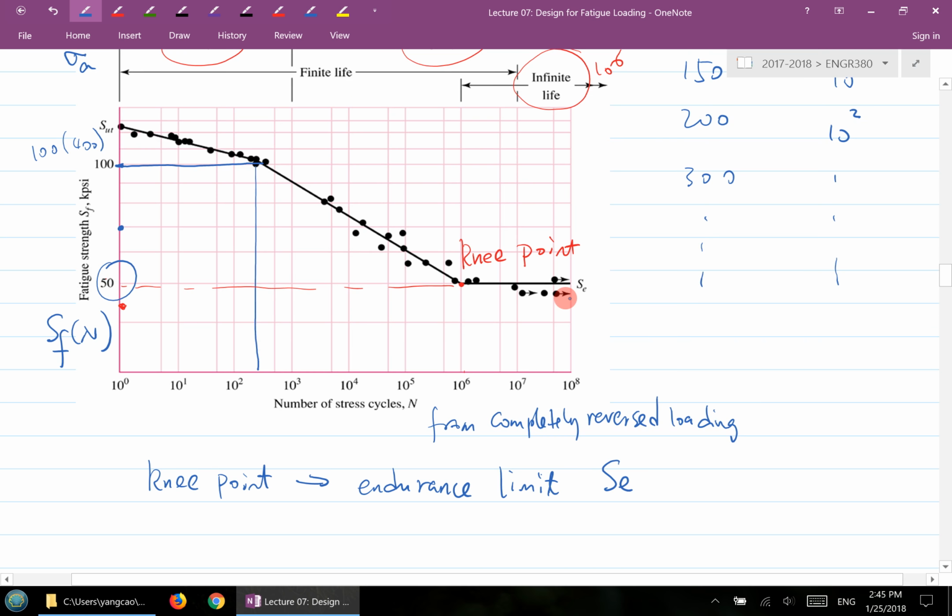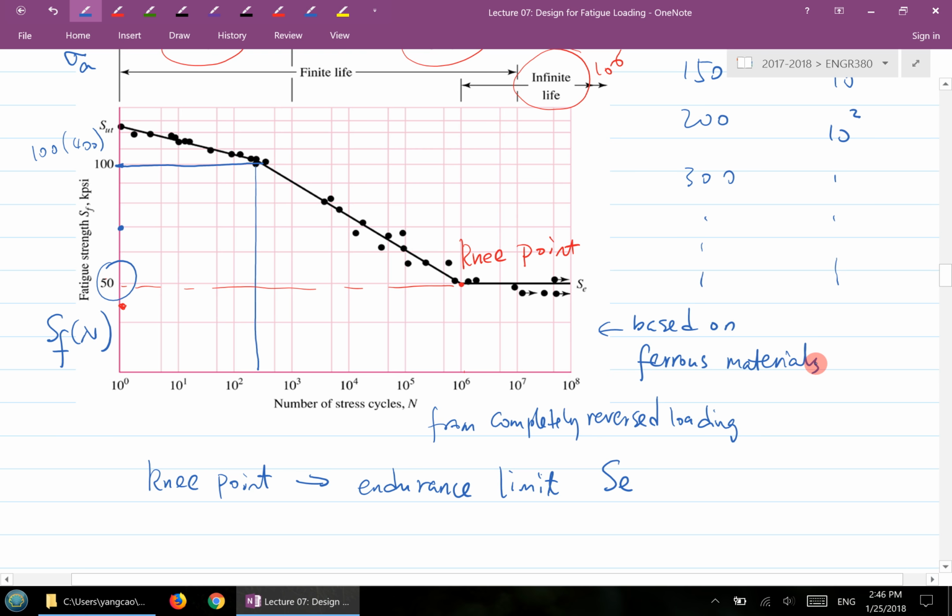These graphs typically refer to ferrous types of material. Only ferrous materials will exhibit this knee point.